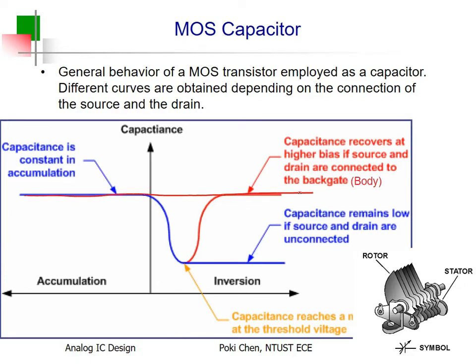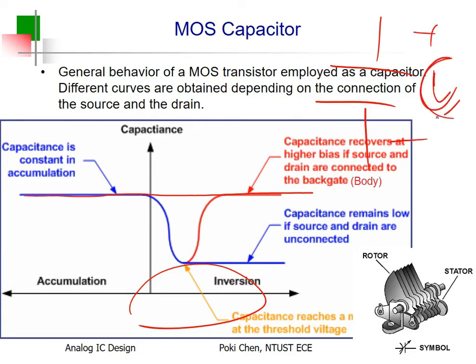Never mind what the terminal voltage you have. Yeah, right? Never mind what the voltage is. The capacitance should be constant. That is for the ideal case. However, for most capacitors, it looks like that. It's really upset. That is really, really bad.